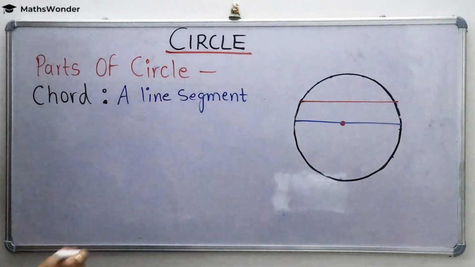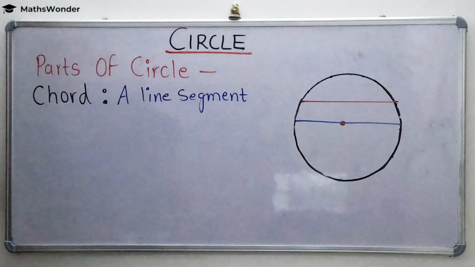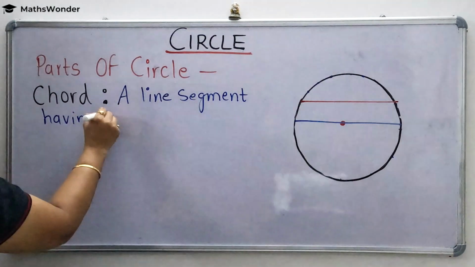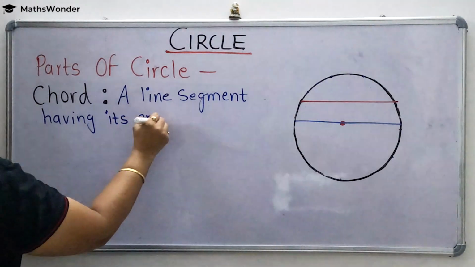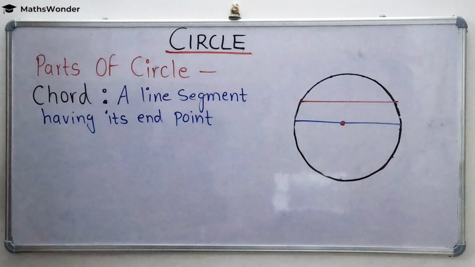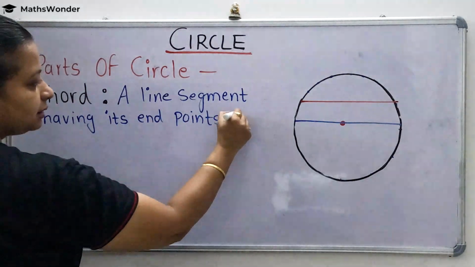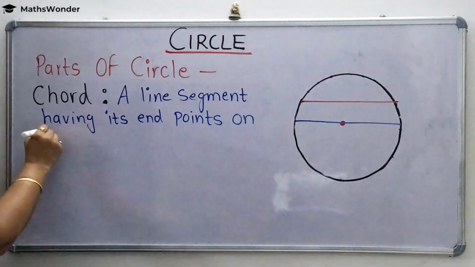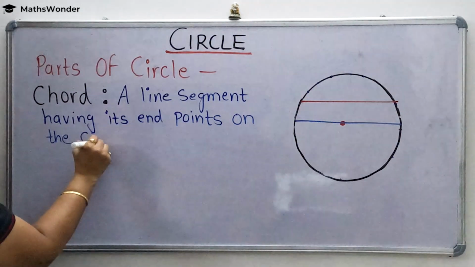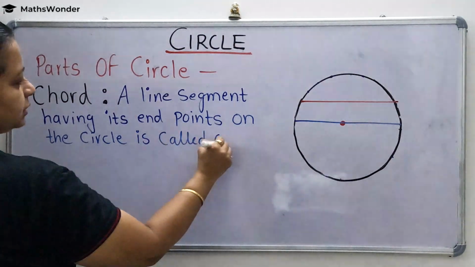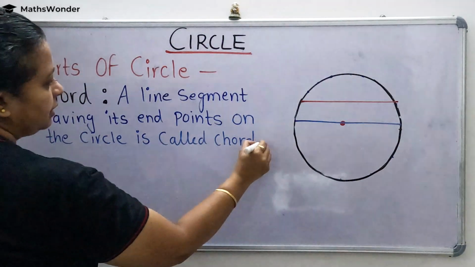A line segment having its endpoints on the circle is called a chord.